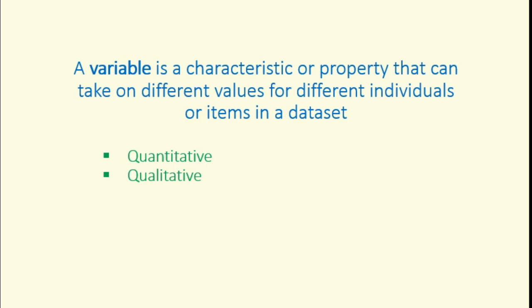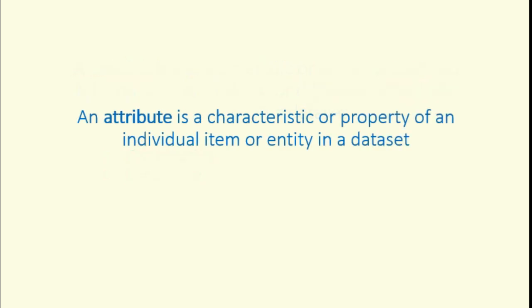So if you talk about an attribute in statistics, an attribute refers to a specific characteristic or property of an individual, item, or entity within a data set. It is often used to define the types of data being collected or analyzed, representing the kind of information present in a data set.